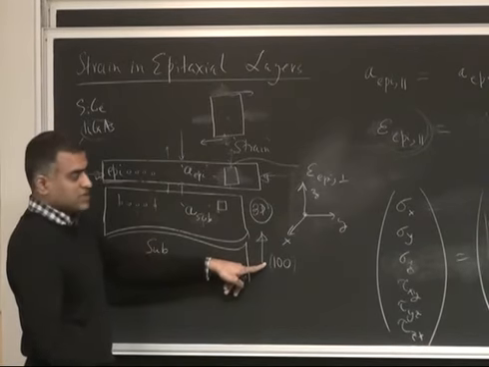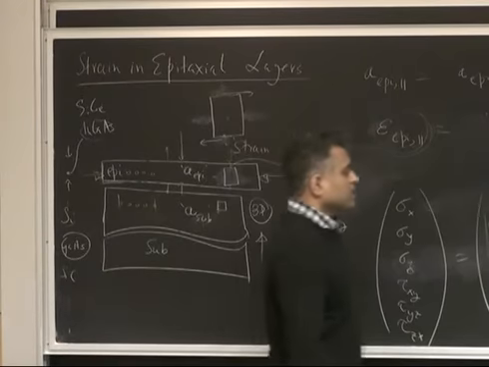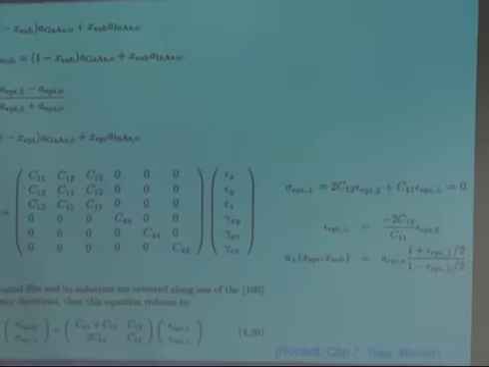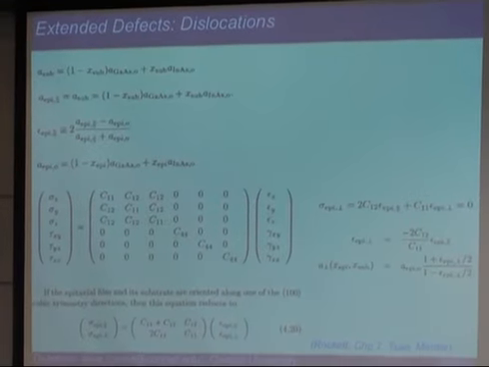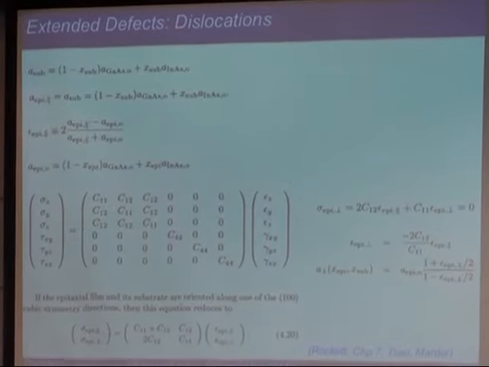If this direction is the 1, 0, 0 direction, meaning the epitaxial substrates are oriented along any of the 1, 0, 0, meaning 0, 1, 0 or 0, 0, 1, then there is a further reduction in the matrix size because of symmetries.